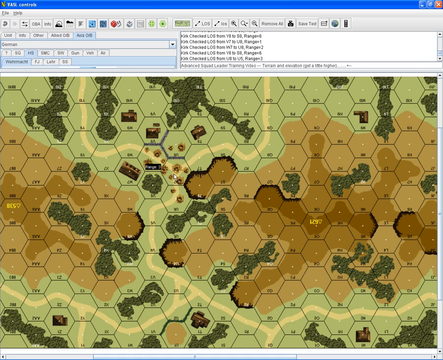If they spend 1 movement point, they're not actually going down into the little shell holes, so they don't get the bonus for moving. They're considered moving out in the open. If they spend 2 movement factors to move into the hex with shell holes, then they are actually going down into the little shell holes, and they would not receive the move in the open penalty for defensive fire.